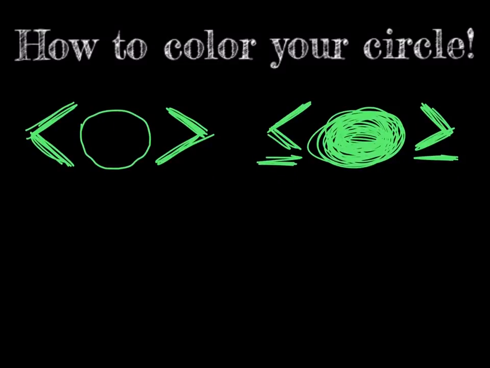So our open circle gets the greater than or less than sign because you don't want to include the number it's sitting on. But our closed circle uses the greater than or equal to or the less than or equal to sign because it counts that number that it's sitting on as well. So that dot has to be colored in because you want it touching that number that we're using.